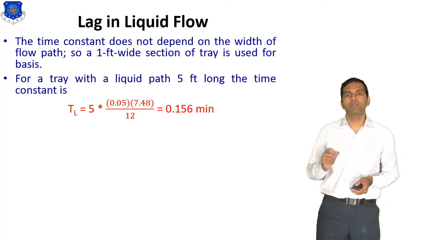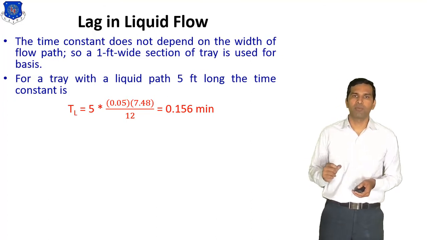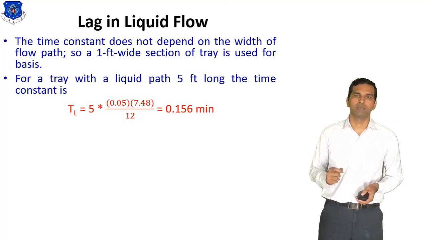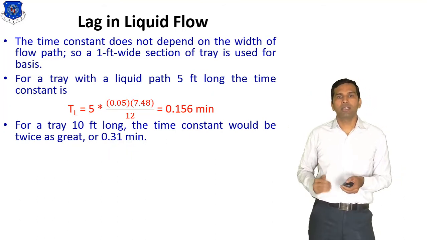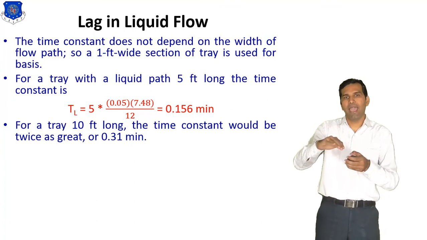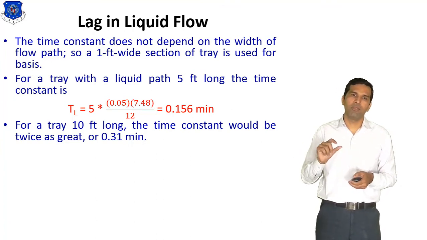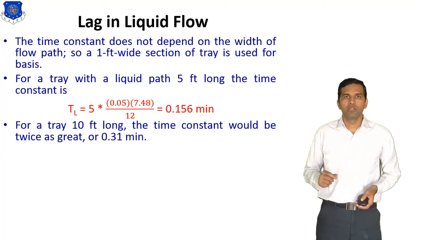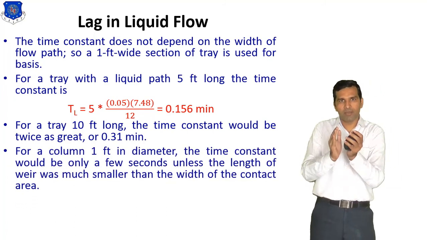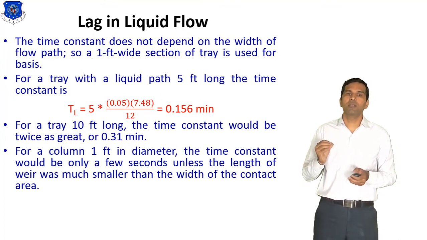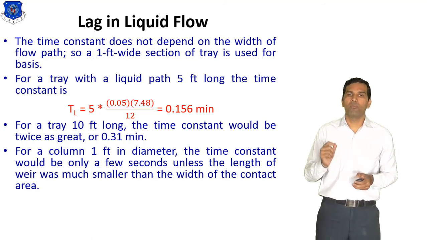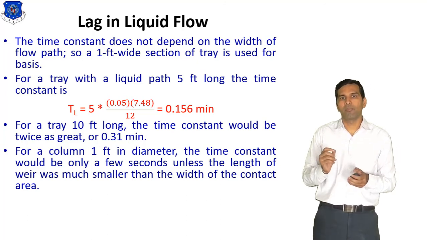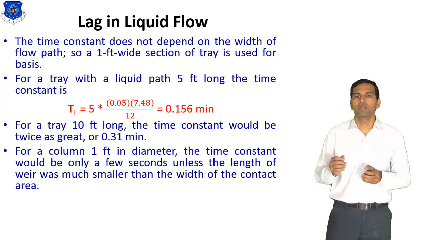So we get the time constant for the 5 foot liquid path as 0.156 minute, and for a tray 10 feet long the time constant would be twice as great, about 0.31. For a column 1 foot in diameter, the time constant would be only a few seconds unless the length of the weir was much smaller than the width of the constant area.